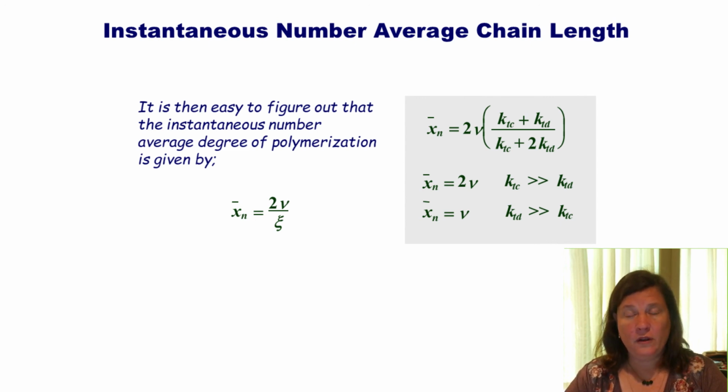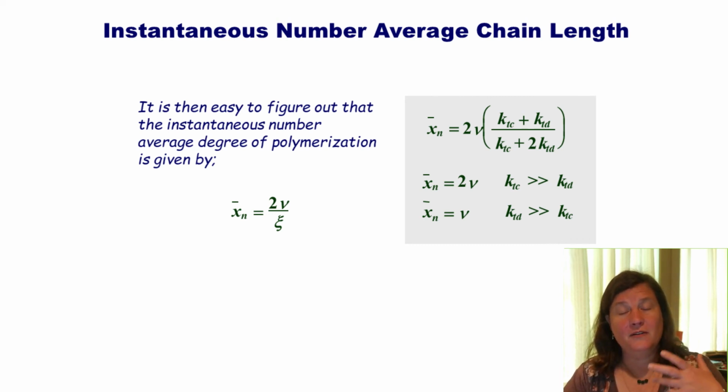It's always a really good idea to look at the limits and see if our derivation makes sense. So in the limit where the rate constant for termination by combination is much, much greater than the rate constant for termination by disproportionation, meaning that essentially we have 100% termination by combination, what happens? Well, if we look at the limit, the equation drops out as the number average degree of polymerization equals 2 times the kinetic chain length, which is what we want.